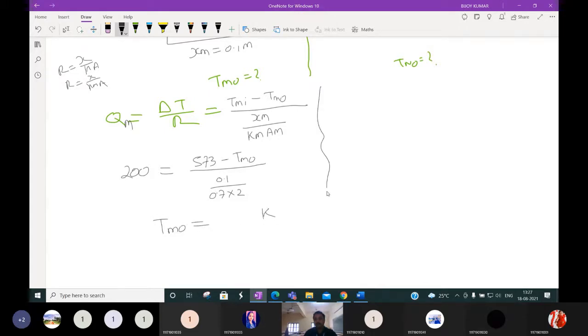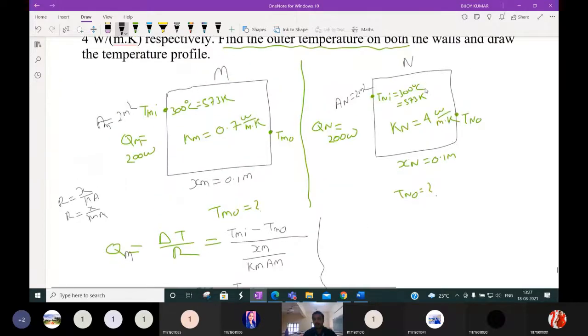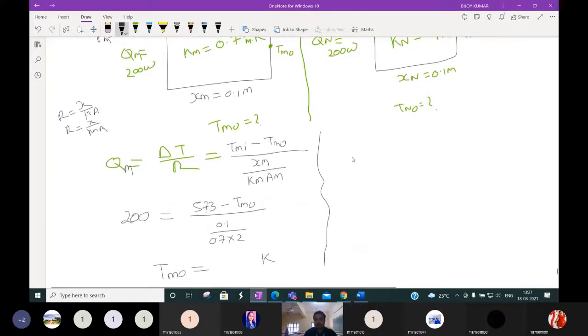Similarly, in this problem also we have to do the same thing. QN will be del T by R. Del T by R is nothing but here TNI, the N wall inside temperature, minus TNO, the outside temperature, by length of N by thermal conductivity of N into area of N. The heat transfer area is given as constant, the same for this one and this one.